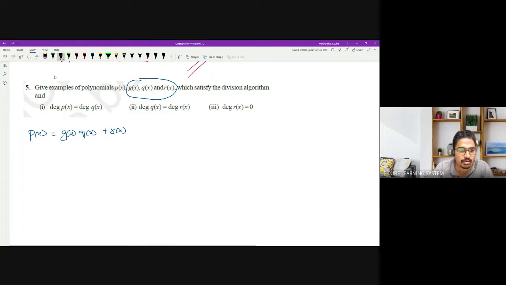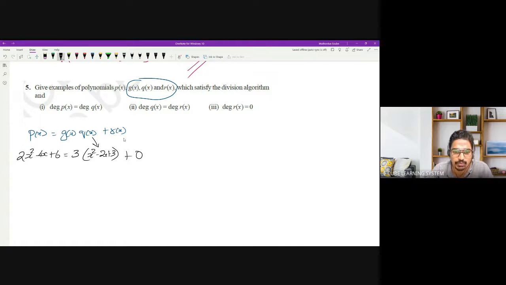We can take 3x square minus 6x plus 9 is equal to 3 into x square minus 2x plus 3. Here q of x and p of x are second degree, and the remainder will be 0.